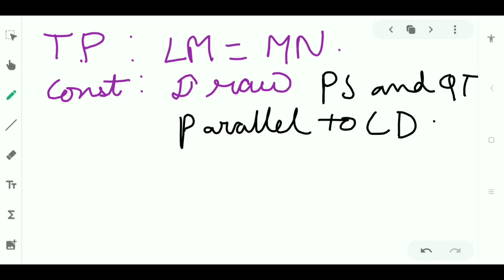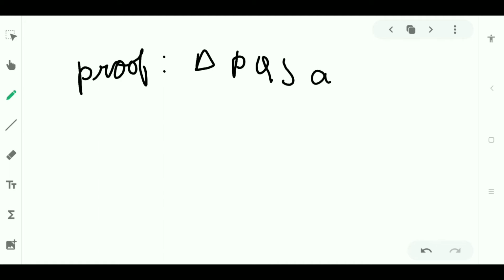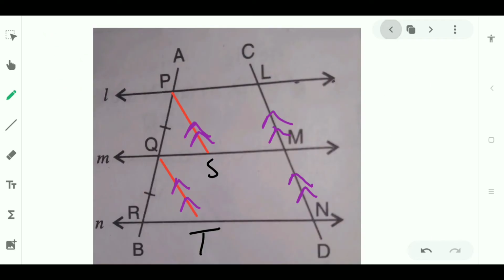First, the proof part. Consider triangle PQS and triangle QRT, the two triangles we just drew in the construction.